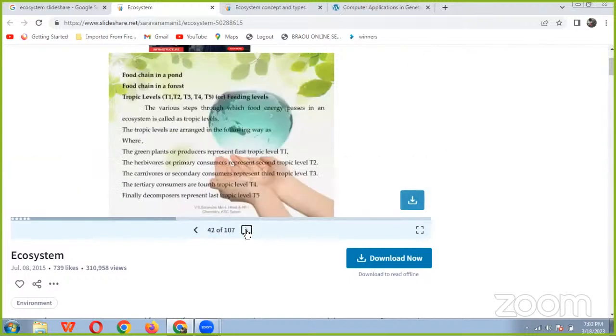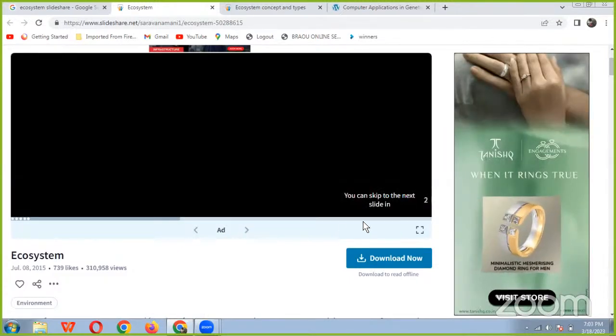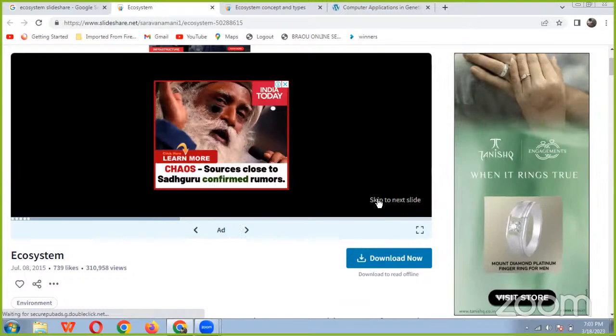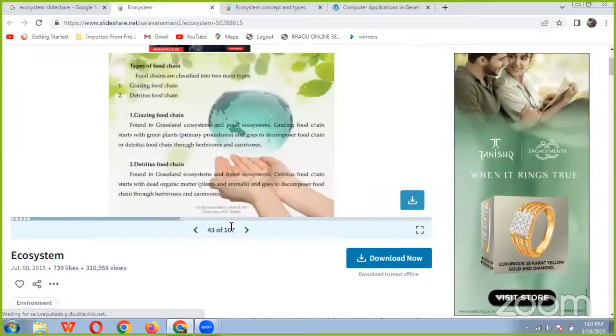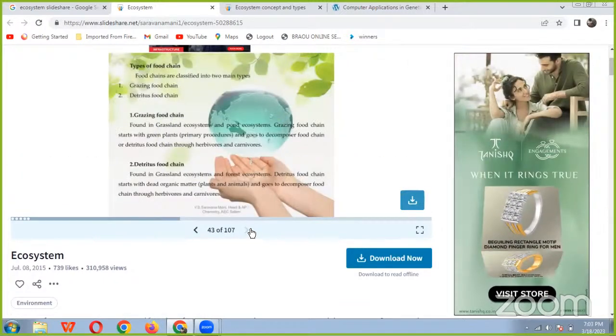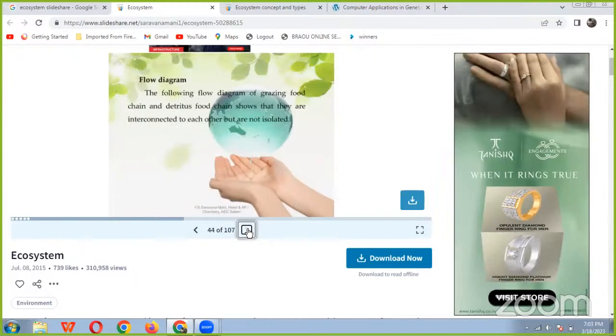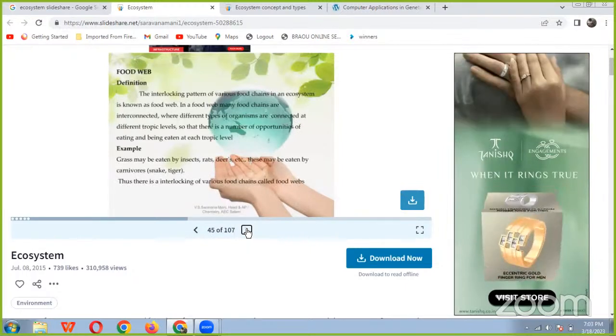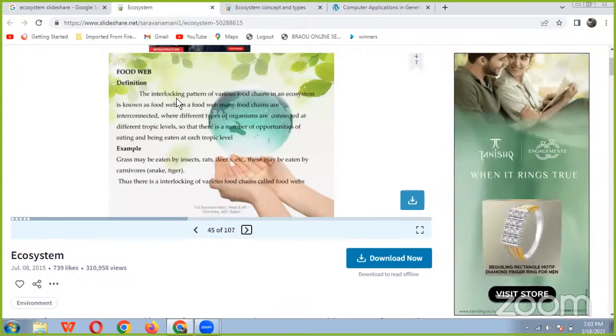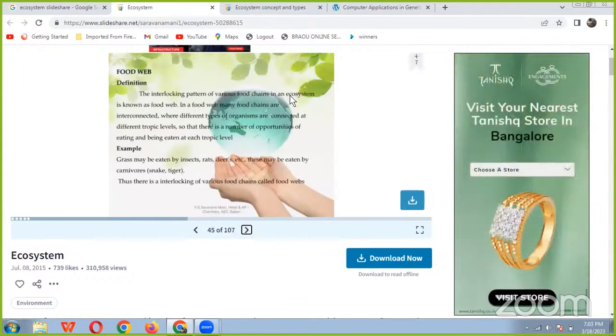See the food web: the food chains of a pond, different types of ponds, with grazing food chain and detritus food chain. In the diagram, a food web is the interlinking pattern of various food chains in an ecosystem.